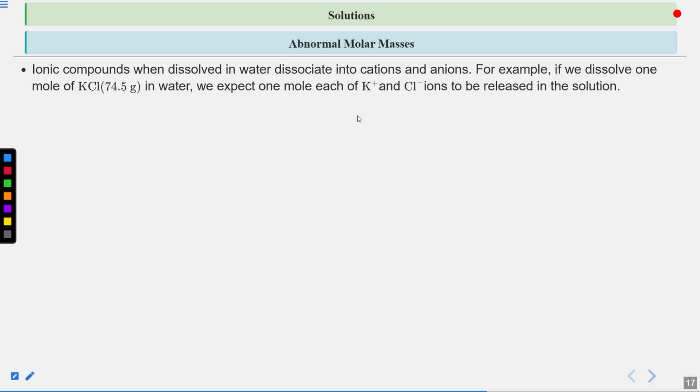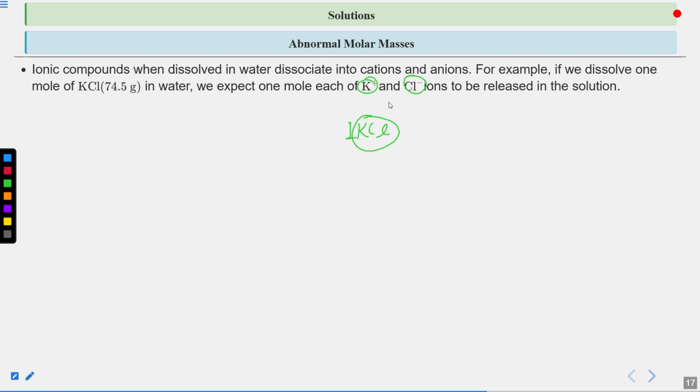So what will happen when you are dealing with an ionic compound? Suppose we are dissolving one KCl molecule. But actually, when it goes into the solution, it will dissociate as two particles. So basically you are getting two particles out of one. And we know very well that colligative properties are totally dependent upon the number of particles.